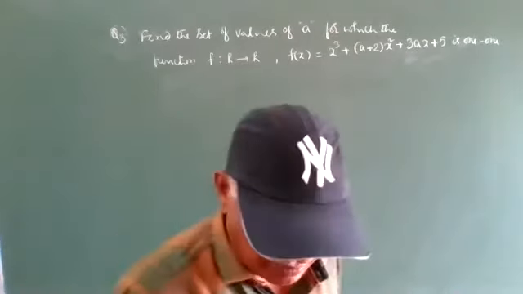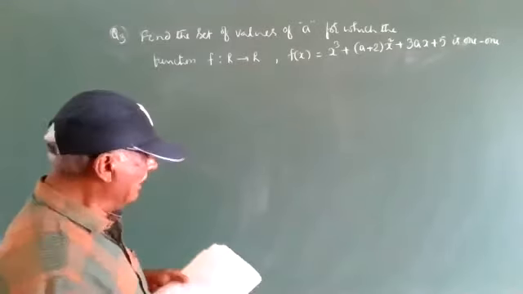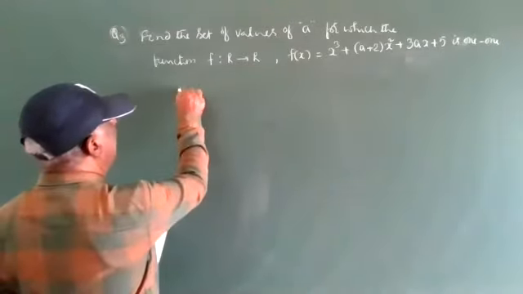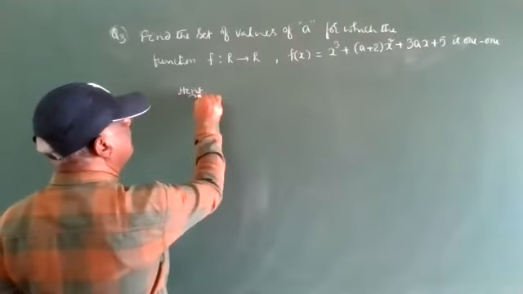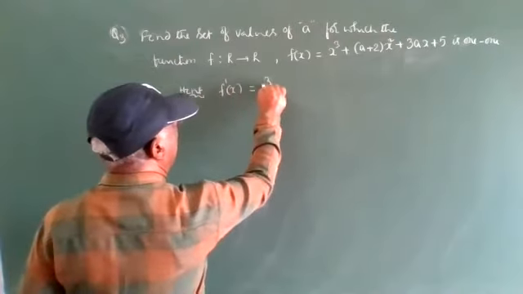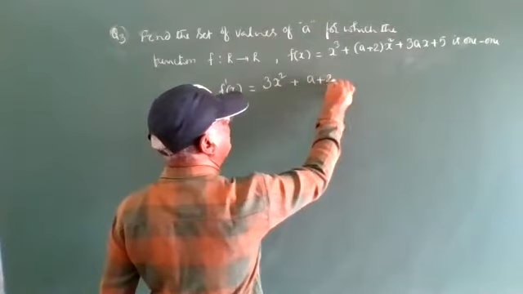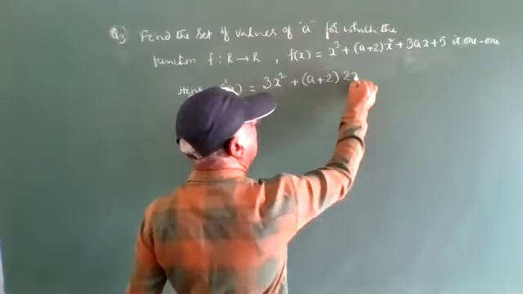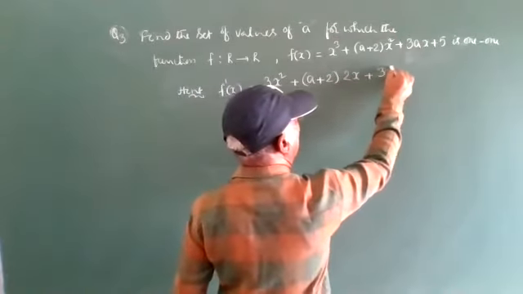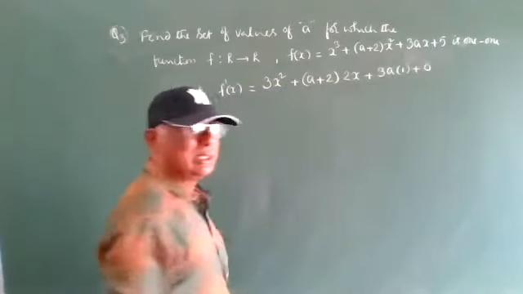What is the derivative method? One time we can observe. Here is the given function, apply the derivative. F dash x is equal to, x cube derivative is 3x square, a plus 2 is the coefficient, x square derivative is 2x, 3a is the coefficient, x derivative is 1, constant derivative is 0.